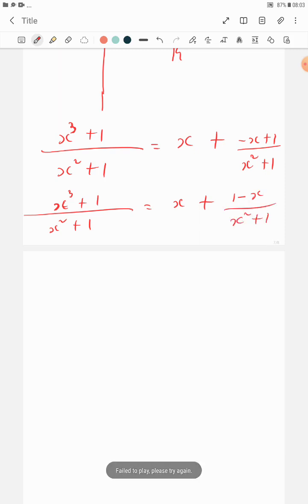You have to observe now if you can split this into smaller partial fractions. Looking at it, we can't, because we can't split that denominator. That denominator cannot be factorized. There is no common factor to be brought out in that denominator except 1.